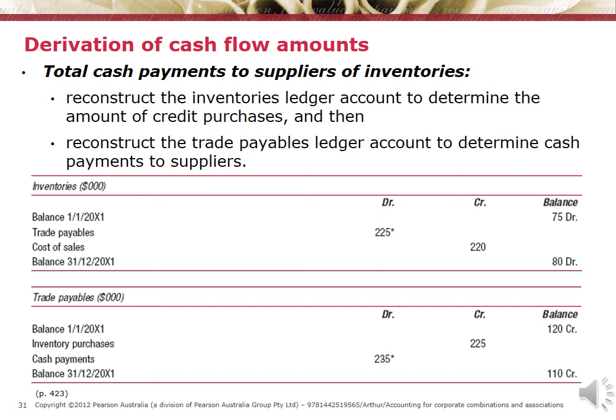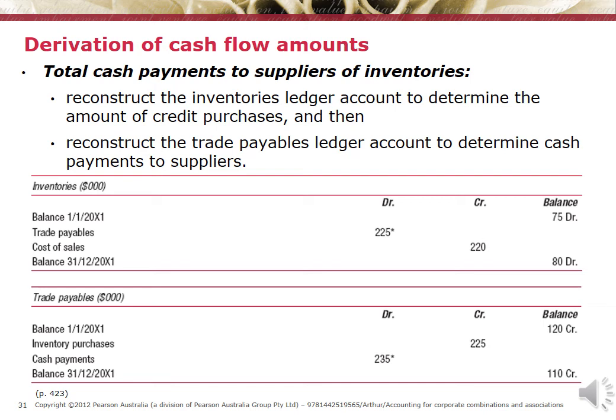Then the missing amount, so the opening balance 75,000 plus the purchases, less the 220,000 cost of sales, equals the closing 80,000, a difference of $225,000. So that's our purchases, and that flows down to our trade payables account. So we see that inventory purchases of 225,000 as a credit there, because it flows down to that account.